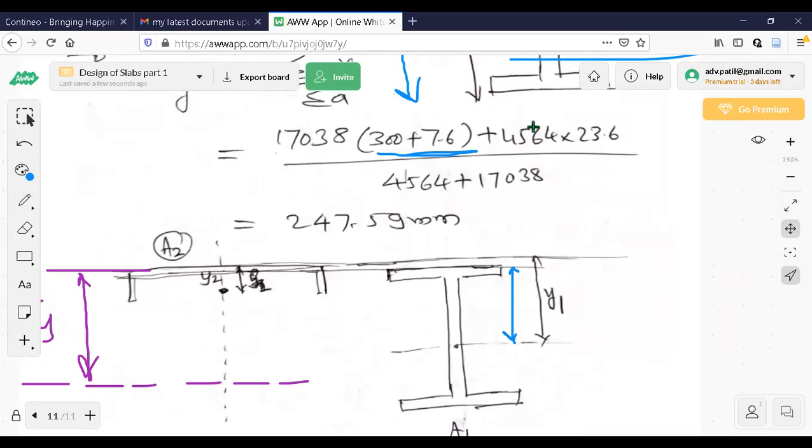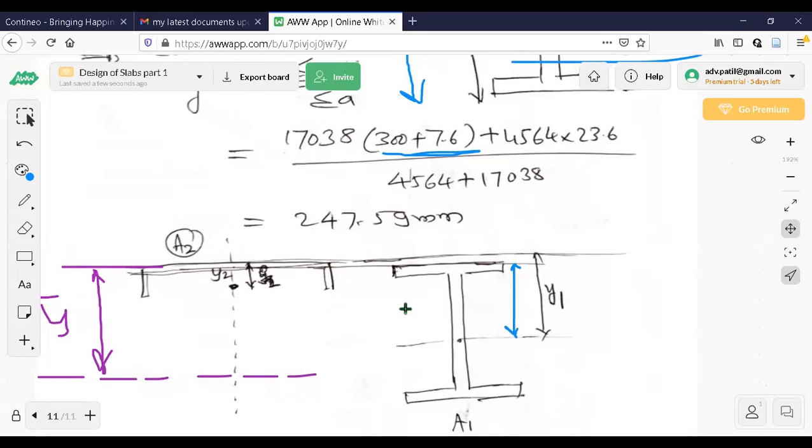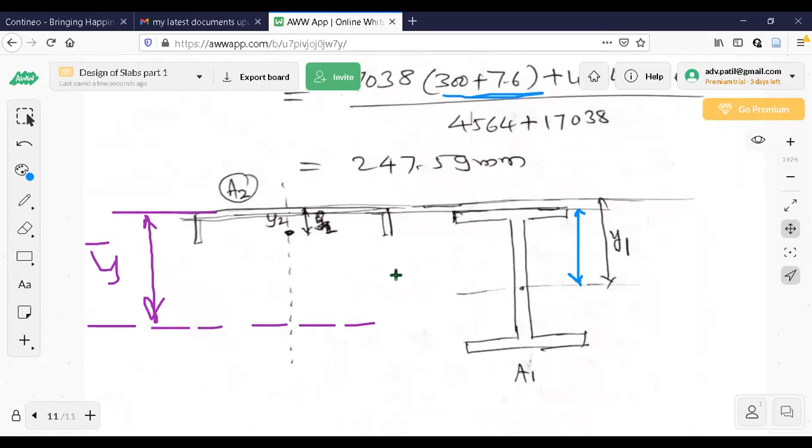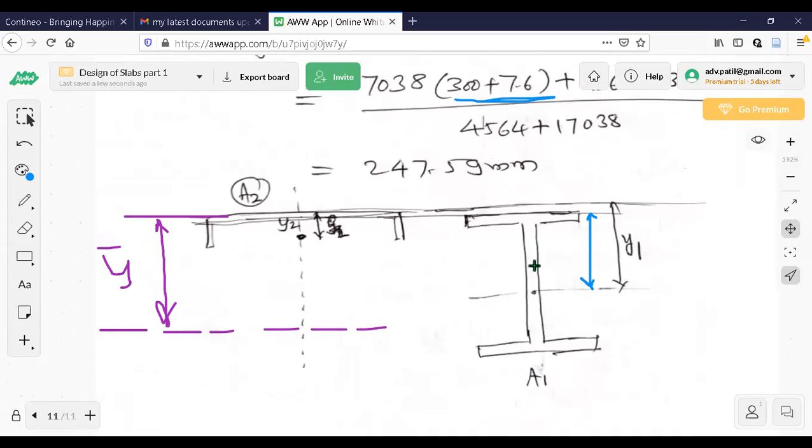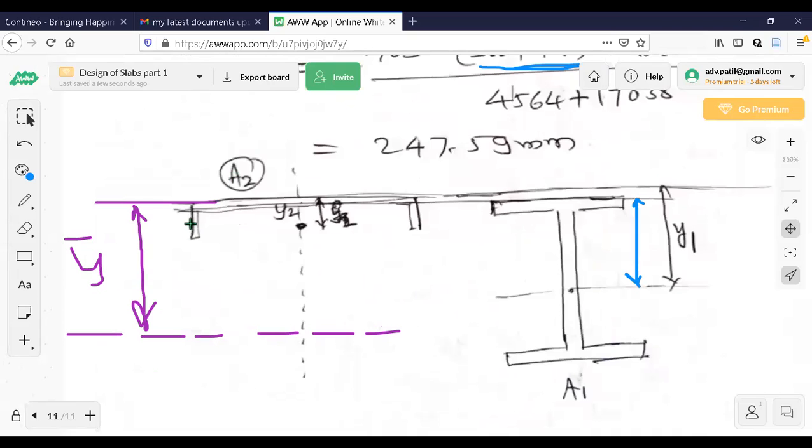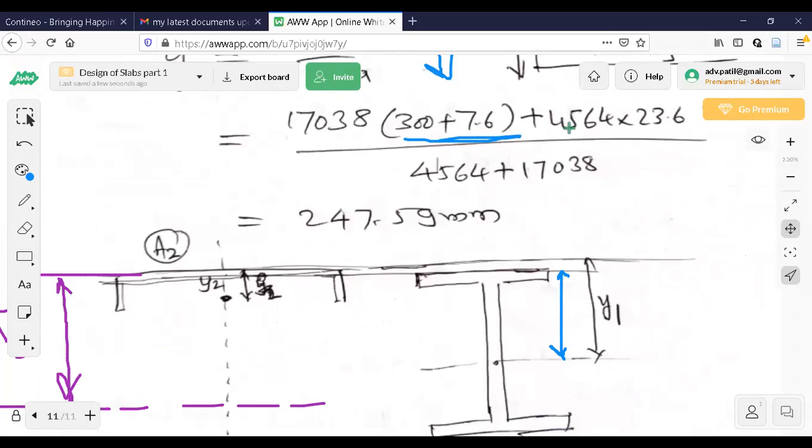Second is A2, Y2. This is also simple if you have steel tables with you. You are not going to calculate any rectangle area here. Directly select from the steel table. Actually, Y1 and Y2, you have to check in the diagram, or it is available also. In this case, it is available. Channel section. A2 is the area of the entire channel section, which is written here, 4564.